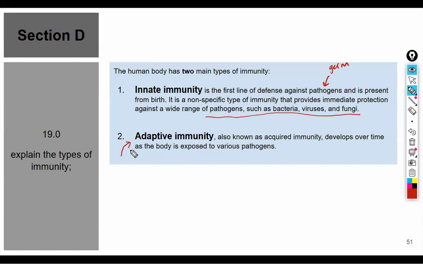You need to improve. So over time, the baby will improve or make adjustments or modifications to its immune system so that it gets better and better. So give it a read. The two main categories of immunity: one at birth and one that continues to get better as the child grows older.